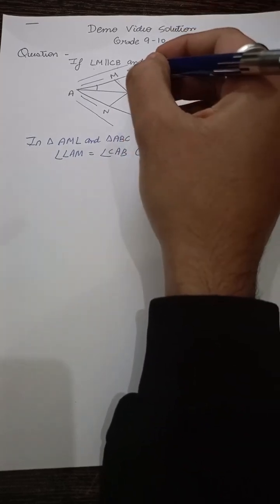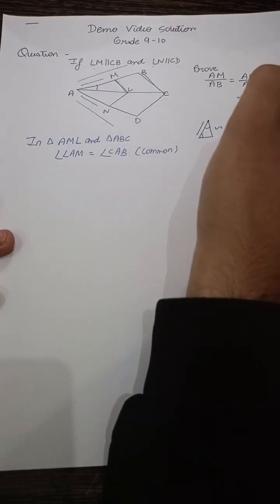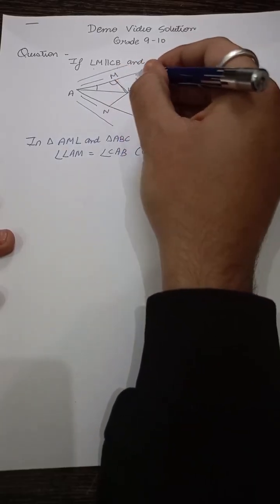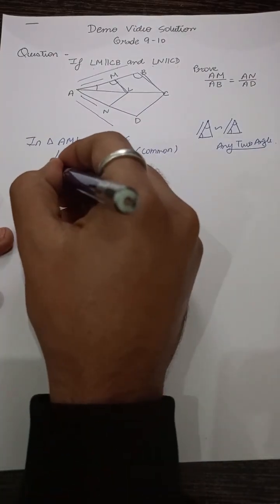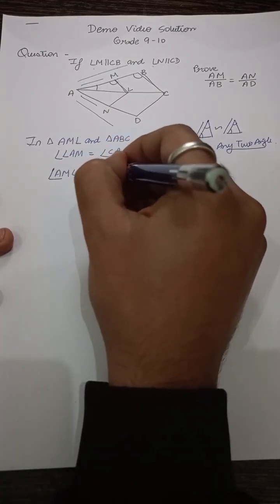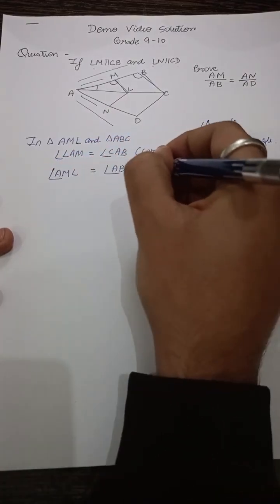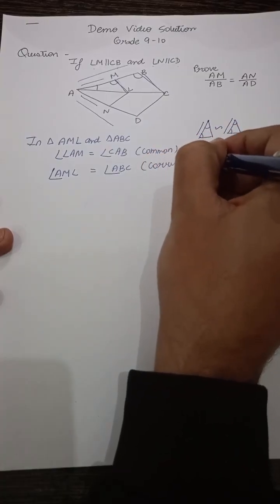Now we are using the corresponding angles. If LM and BC are parallel, then angle M and angle B should be equal as they are corresponding angles. So I'm writing angle AML is equal to angle ABC, and the reason for that is corresponding angles.